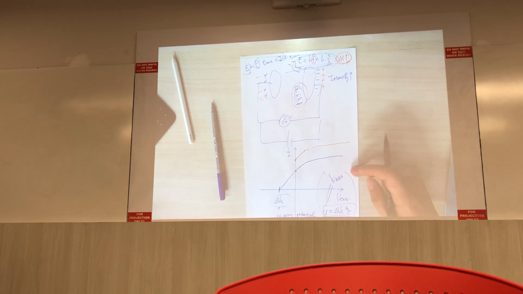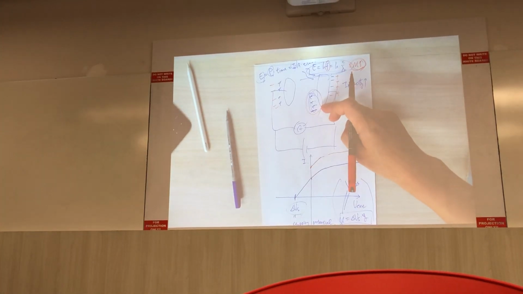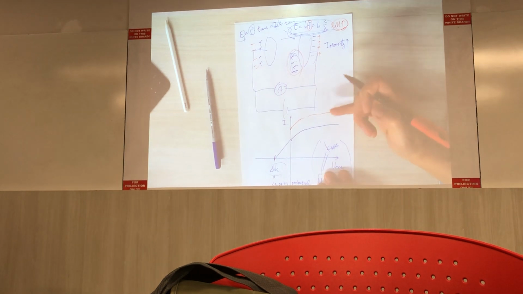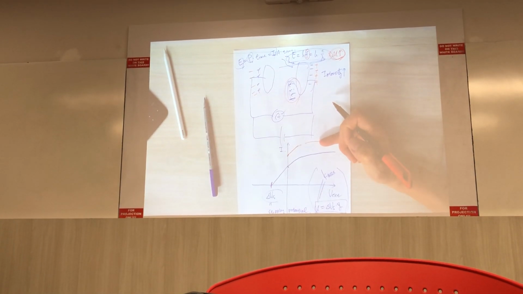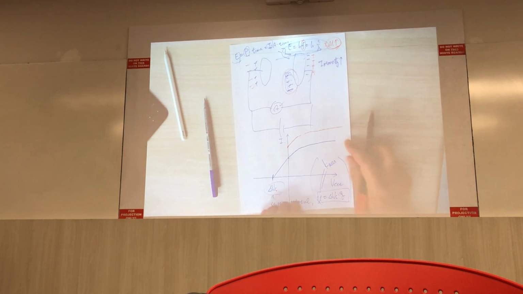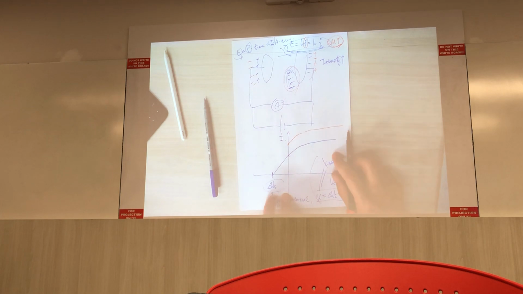So we have just 100 photons, so there will be only 100 charges. Okay, so the saturated current is already used up, is 100 electrons.